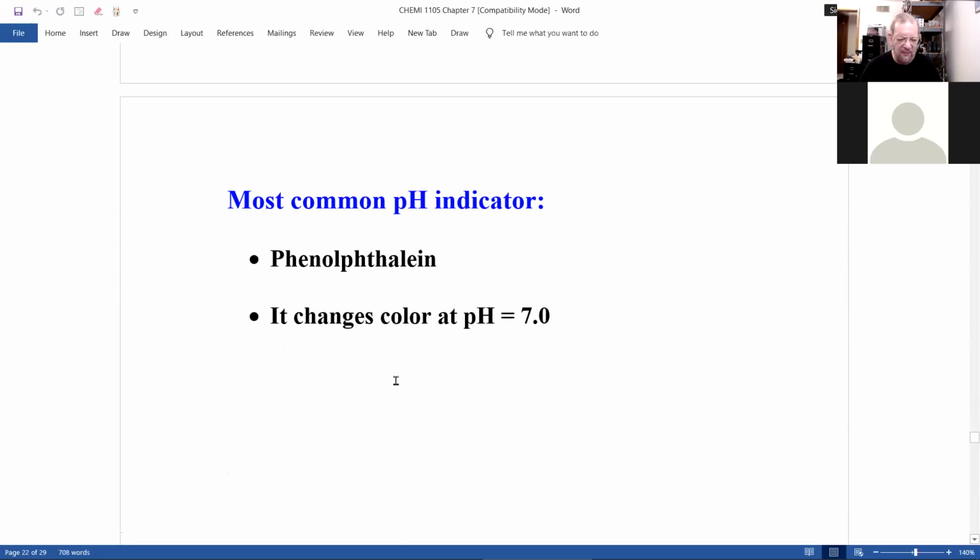Below 7, the solution with phenolphthalein is clear.